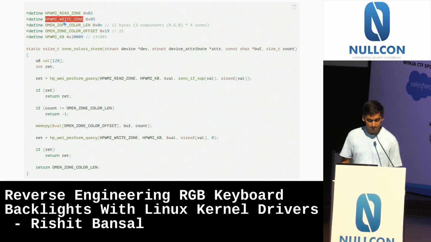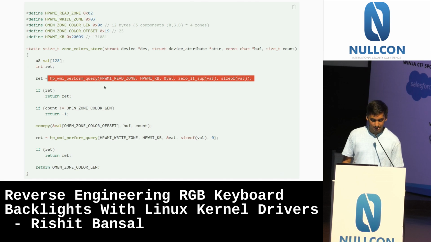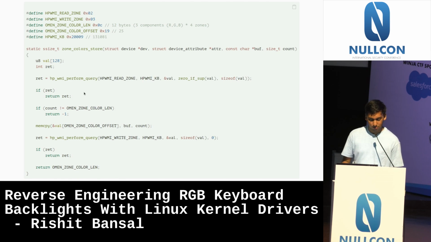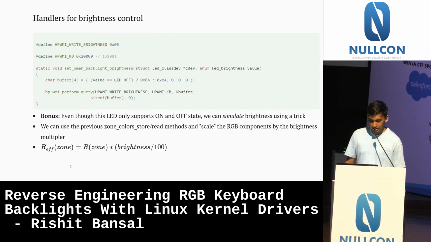So I passed these to these methods, and these will make those ACPI calls, right? For the zone, I'm reading the state of what the zone is showing right now. Then I get that data and override the new state of the zone on top of it. And then I do another ACPI call to write the zone again, right? And that's happening here. So yeah, that's how you set the zone things.